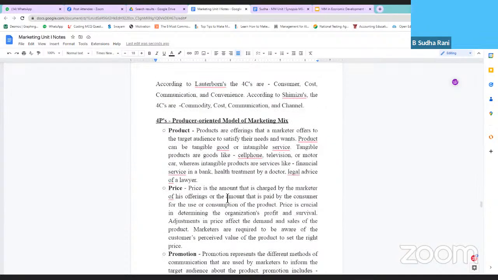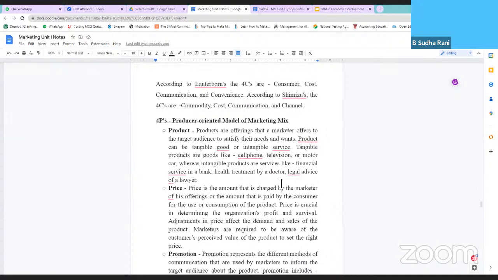Product is the primary element through which the marketer tries to get maximum satisfaction from the customer, by developing or creating a product which meets the customer needs. It has tangibility, that is, physical existence.